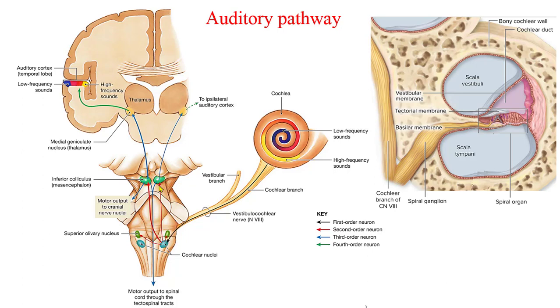The inferior colliculus coordinates a number of responses to acoustic stimuli, including auditory reflexes involving skeletal muscles of the head, face, and trunk. These reflexes automatically change the position of the head in response to a sudden loud noise.